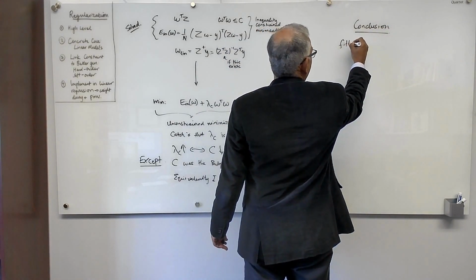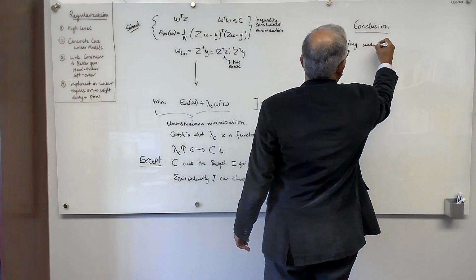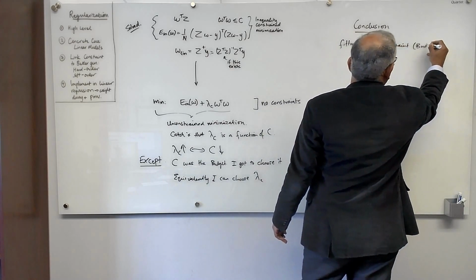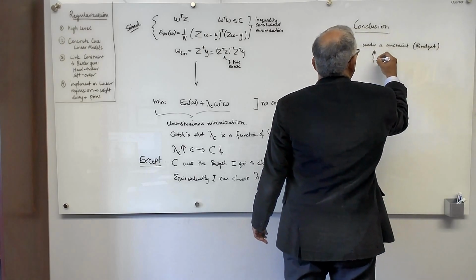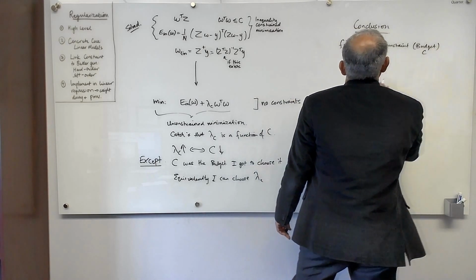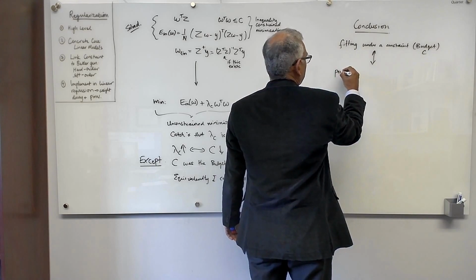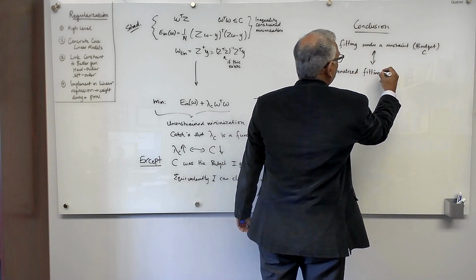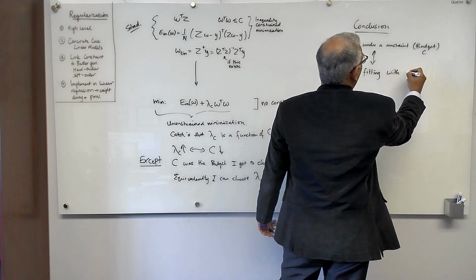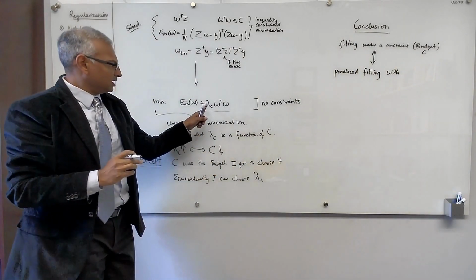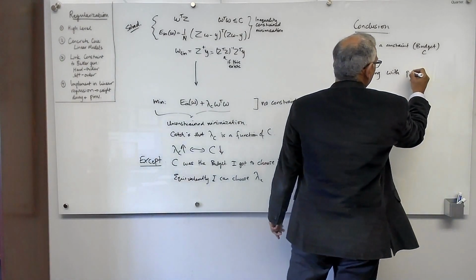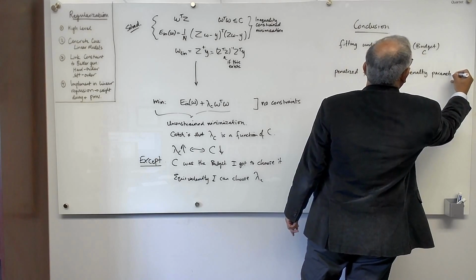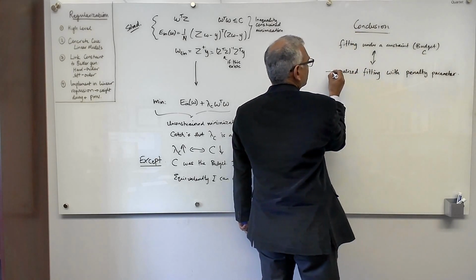Fitting under a constraint, i.e. budget C, corresponds to penalized fitting with a degree of penalty with the penalty parameter, and this is unconstrained.